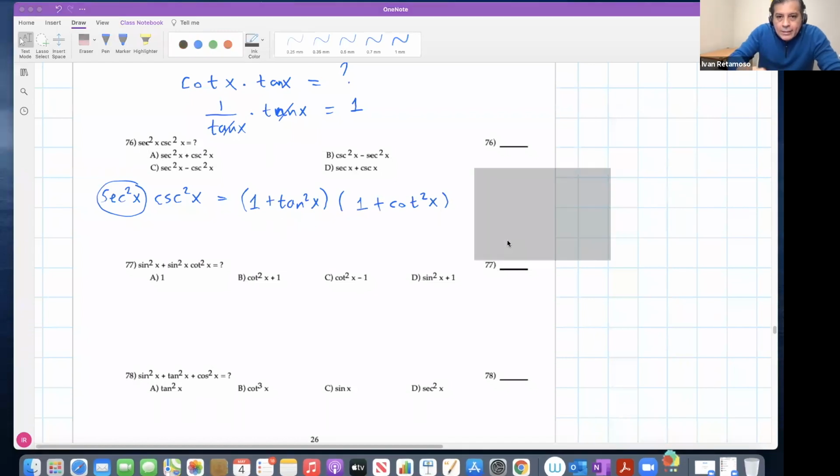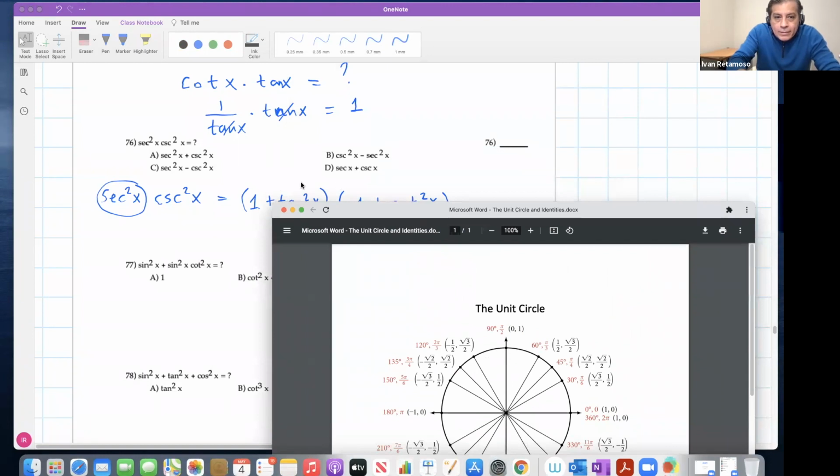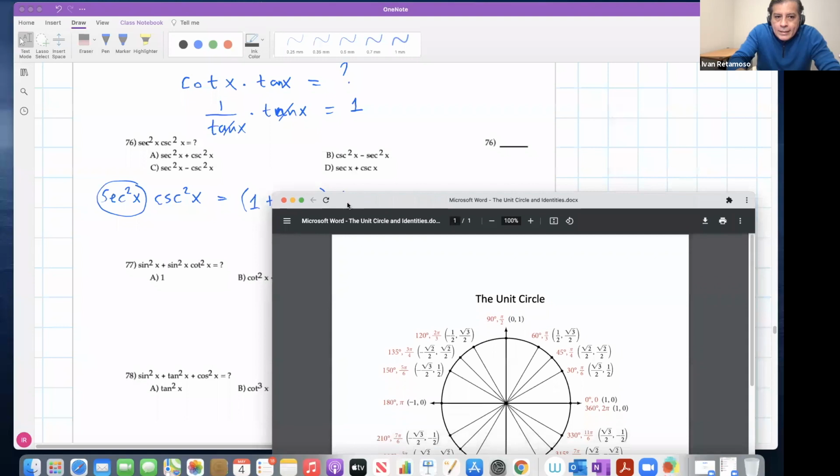If you do 1 over cosine and 1 over sine and multiply, you're not going to get anything there that is posted. You will get just 1 over sine times 1 over cosine squared. But this is written in terms of secant and cosecant, so instead, I'm going to try this other method. It's a tricky question.